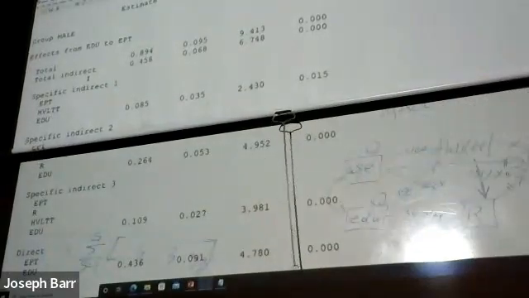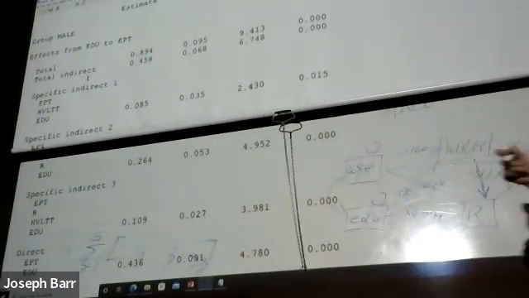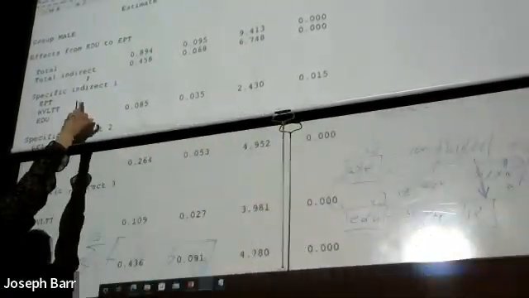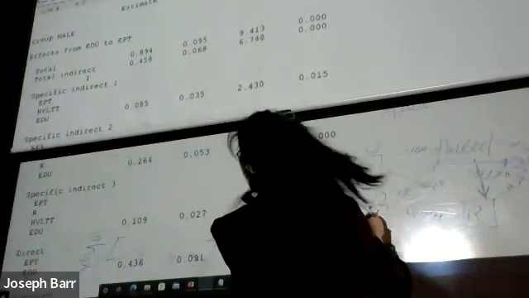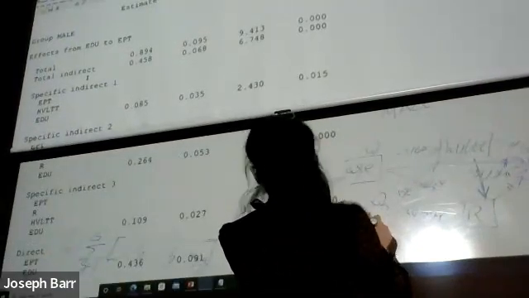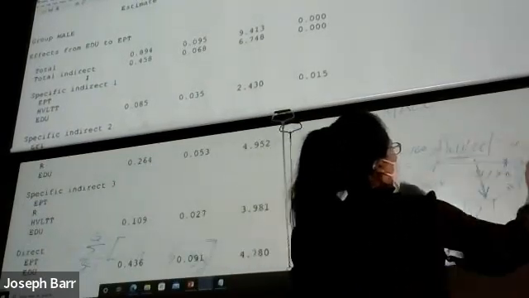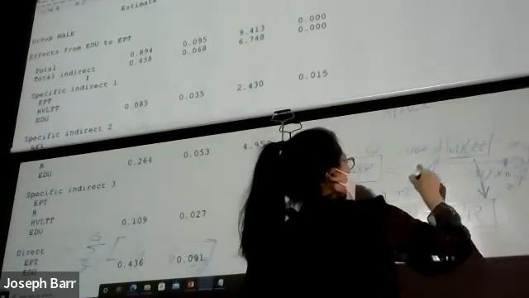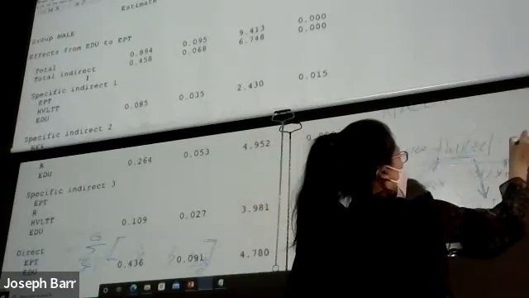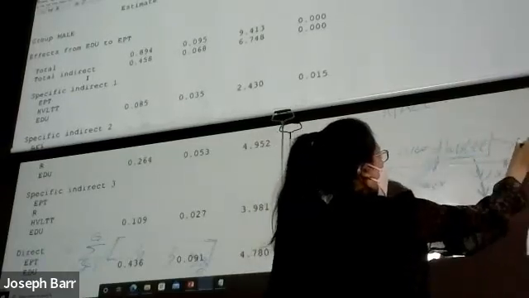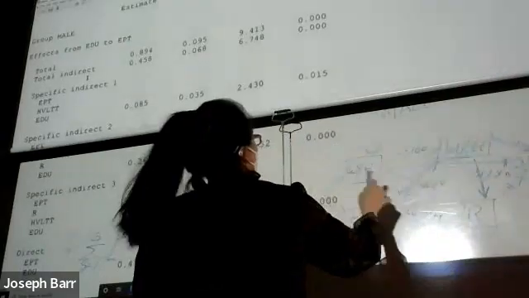For example, in this path, specific indirect 1, from EDU to HVLTT to EPT, the indirect effect, or mediation effect, is reported, again for male.